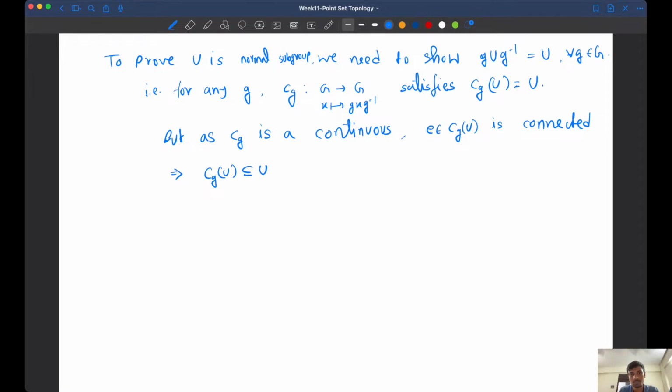As U is a component. Whenever you have a connected set that contains e, that must be contained inside U, U being the component.